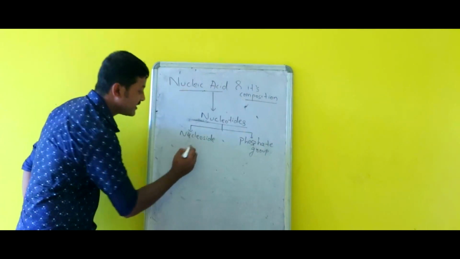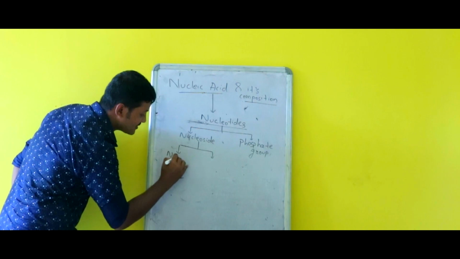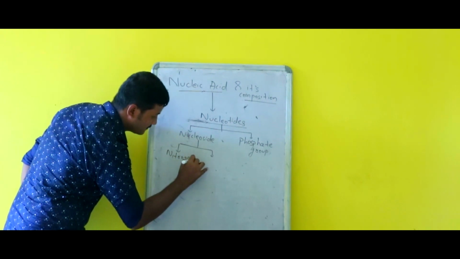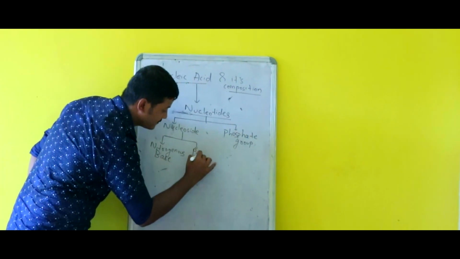Again, nucleoside is divided into two main categories, that is your nitrogenous base plus pentose sugar.